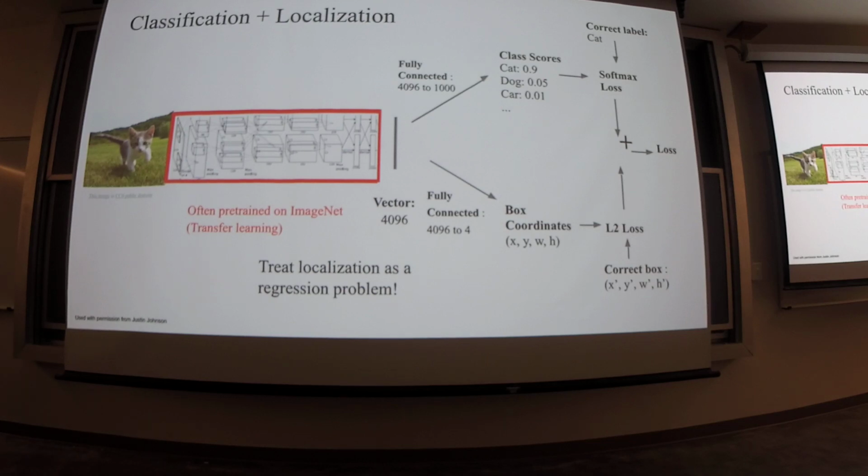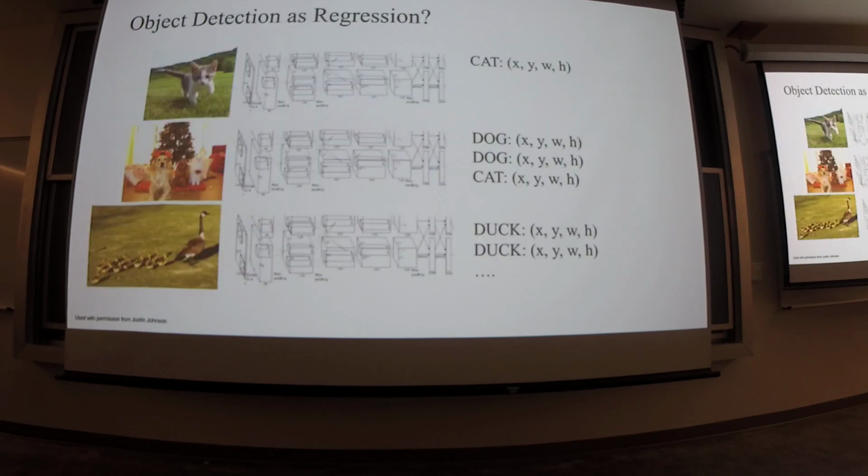And then we'll either fix those and have some other parts of the network that will learn, or will allow the whole network to be fine-tuned. It just depends on how you approach the problem. But it's really common here to start with pre-trained models and then push beyond that.